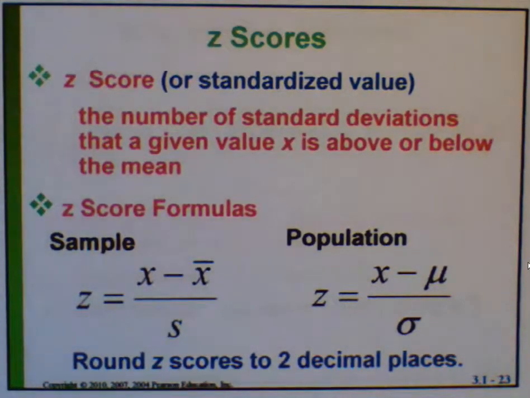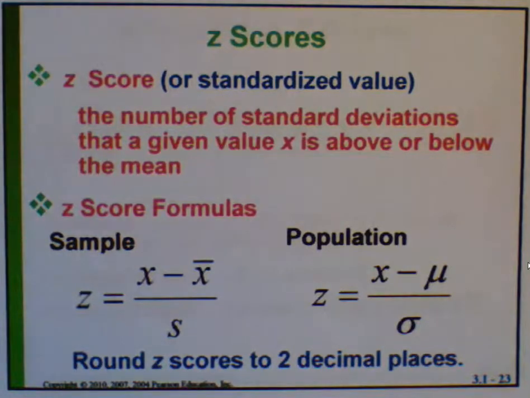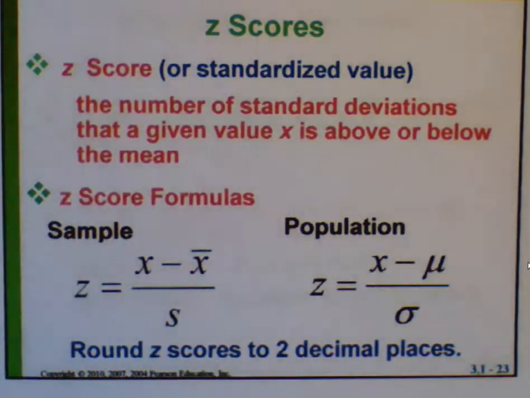Z-scores can be used to compare sets of data that have different means. Using Z-scores just standardizes the data. The Z-score of a data value is the number of standard deviations that value is above or below the mean.